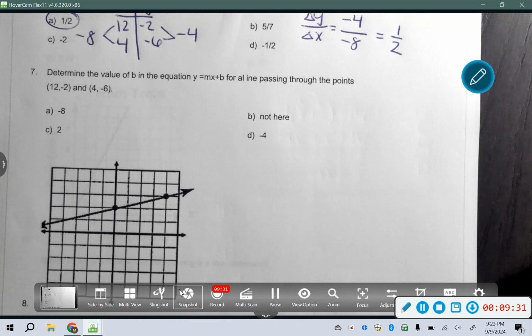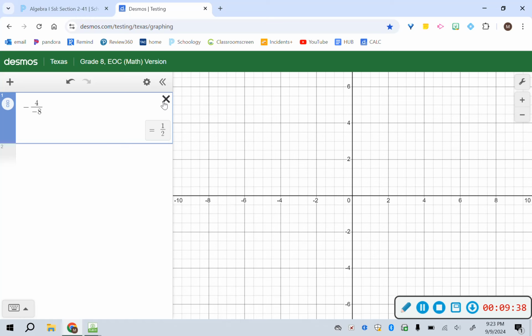So go to your calculator, type in your 2 points. We're going to build a table. So I know my 2 points were 12, negative 2, and 4, negative 6. And we're going to do our y1 squiggle.